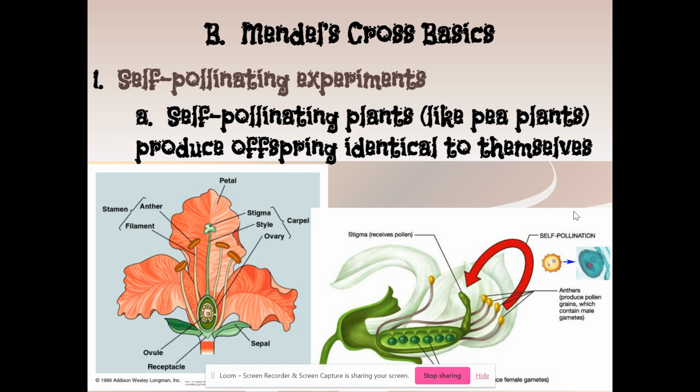Now, the reason why is, and if you've probably seen these before, is that these flowering plants have the male, the stamen, the anther, and the filament. So that's the male part of this plant. And the female part over here, the carpel, the stigma, the style, and the ovary. So they have male and female parts of the plant, which produce their own gametes.